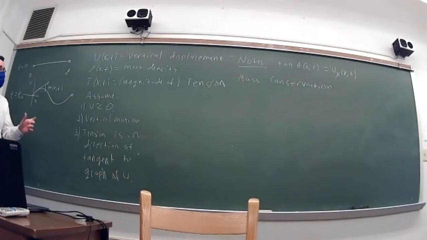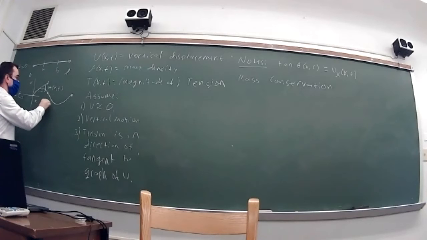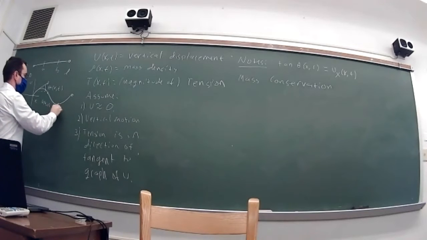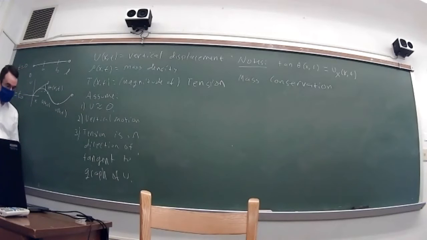So let's consider a small interval inside this line, maybe going from A to B. And that's at t equals 0. And now at t equals t naught, what happens to this portion of the string you've now got? Something like that, where this section of string is now bent.